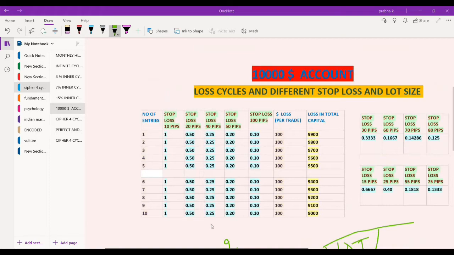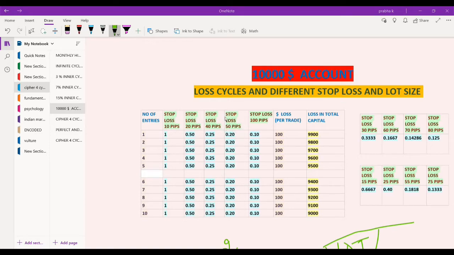Okay, let's see one more example of how to split and trade in four pairs actually. Four pairs here. Okay, let's do the same.